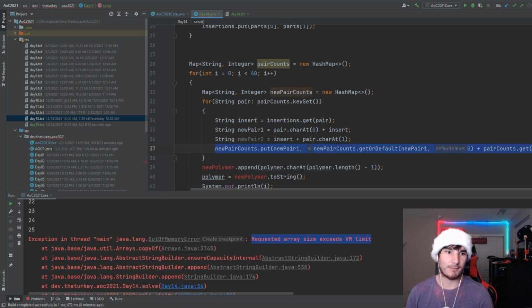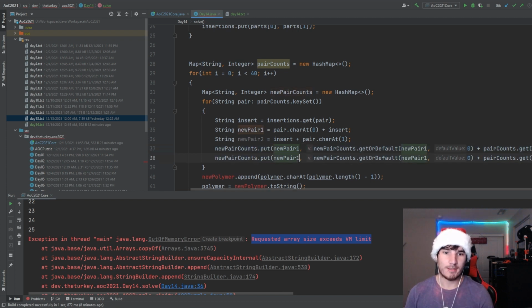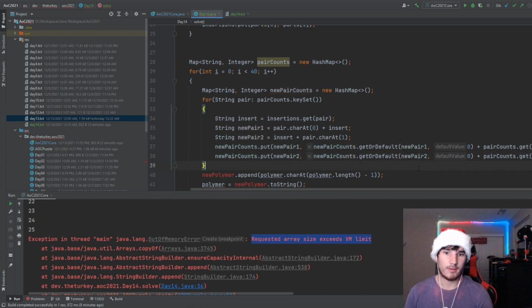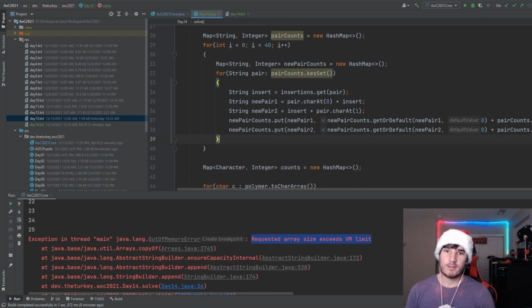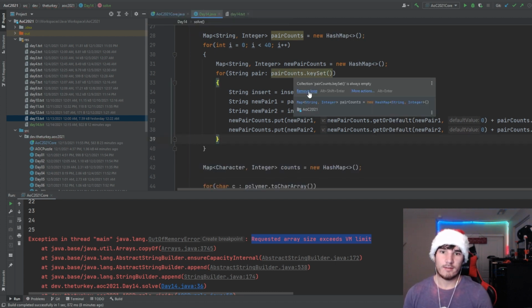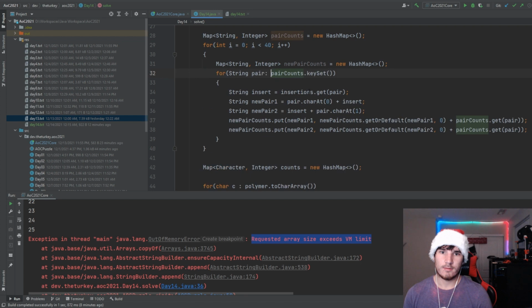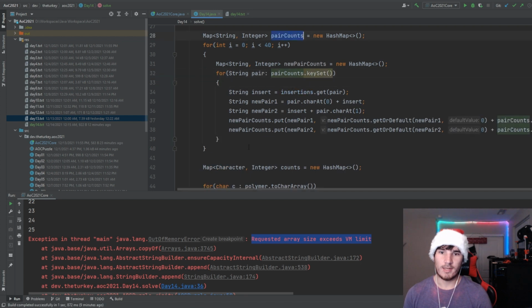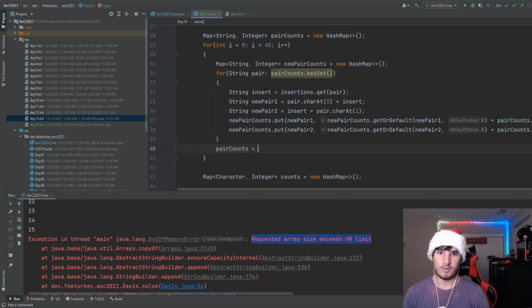And do the exact same thing for the second pair. Again, this is for the duplicates, because you'll get ones creating more. Okay, and then at the very end, we do pair counts equals new pair counts.